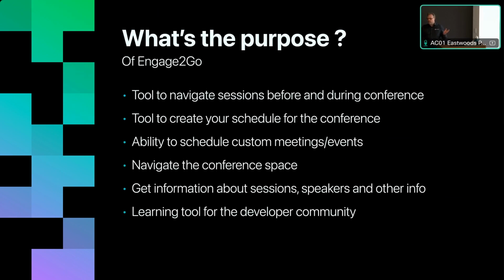If there wasn't many choices, we would not be able to be in this room, because there would be too many, right? And it should also have the ability for you to be able to schedule your own private meetings or meetup or events or whatever you wanted to attend to that is beside the official schedule, right?